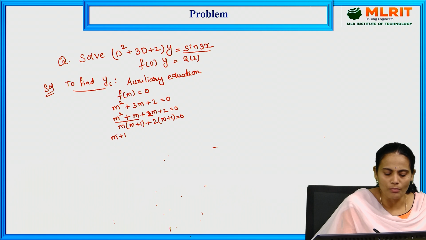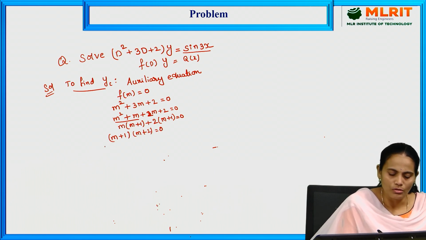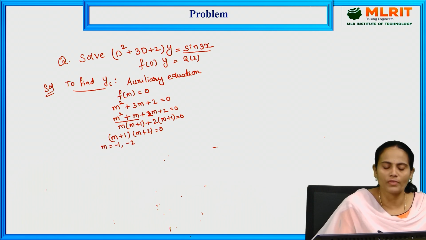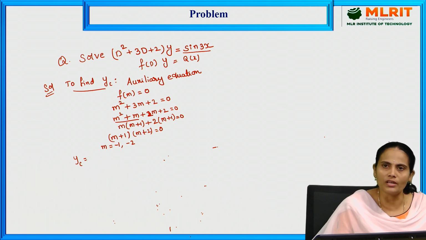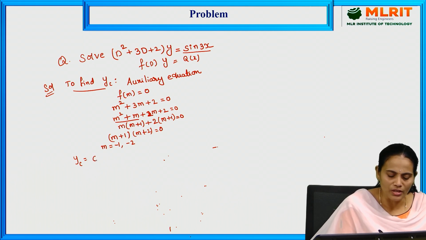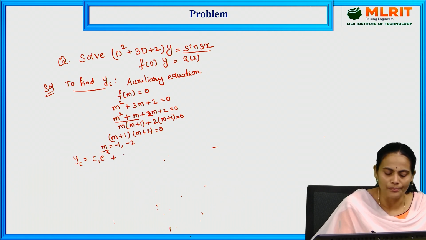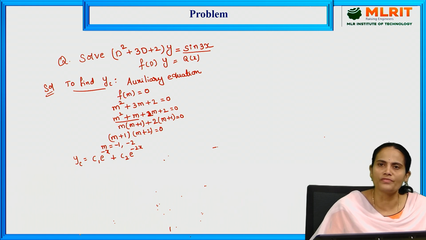Again taking m plus 1 common, m plus 1 into m plus 2 equal to 0. So the roots are m equal to minus 1, minus 2. The roots are real and different, so the complementary function is c1 e power minus x plus c2 e power minus 2x.